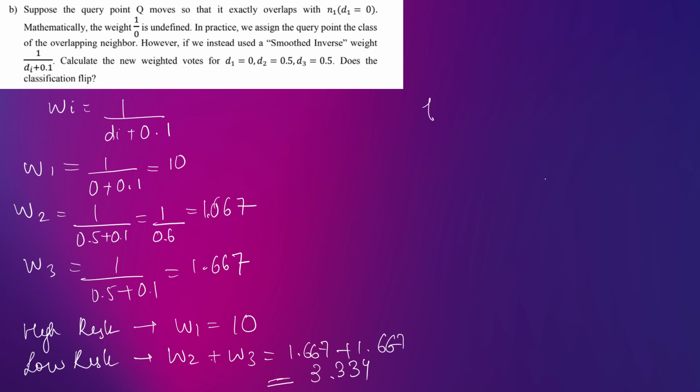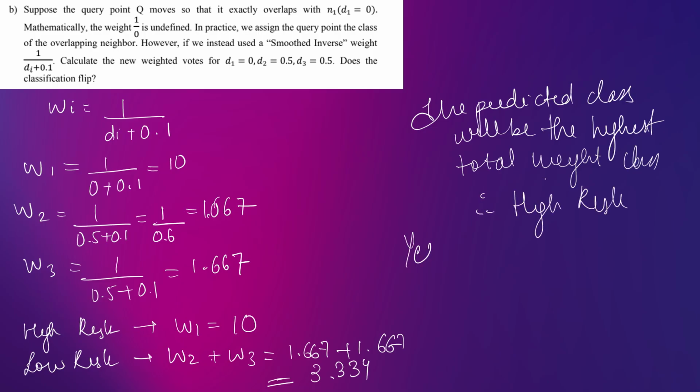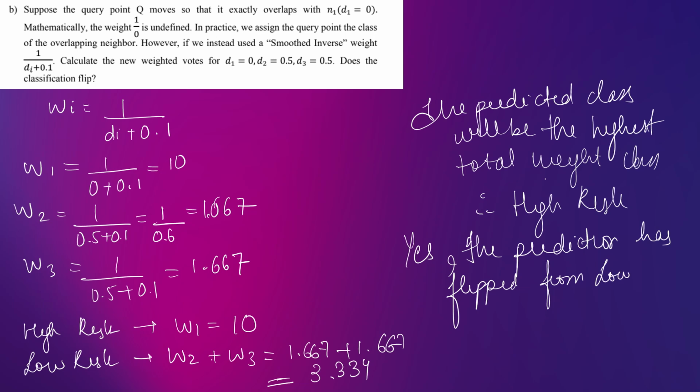Now, the predicted class will be the highest total weight class. That is high risk. So basically the answer is yes. The prediction has flipped from low risk to high risk.